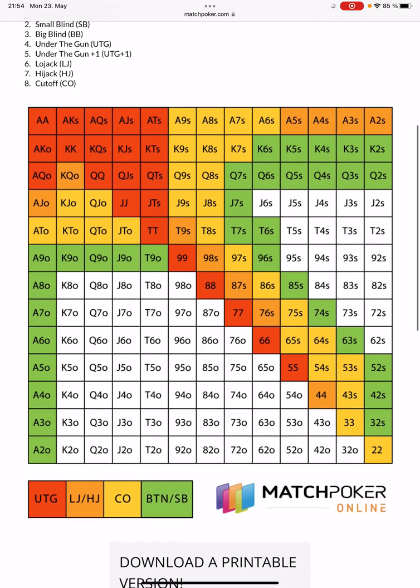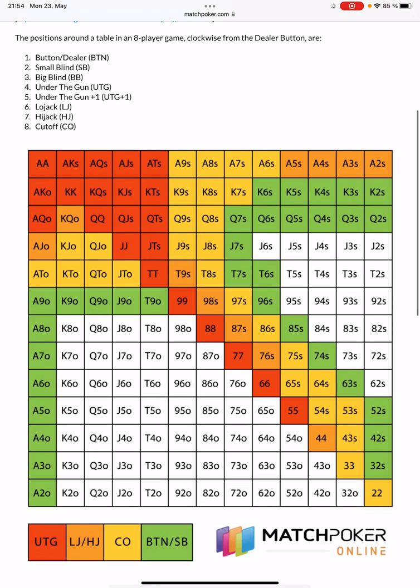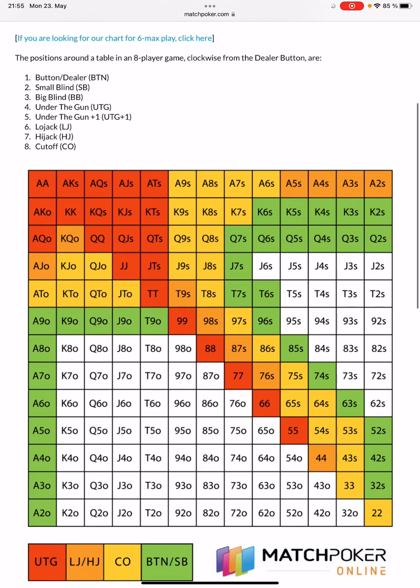So if the person is under the gun and they start to raise, you need to know that they usually, like 70%, I would say at best 70%, 80%, have a tight hand. They have pocket aces, pocket kings, ace queens, something like that.